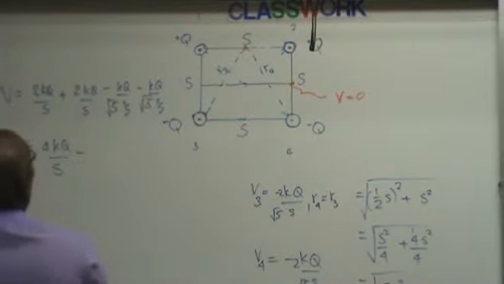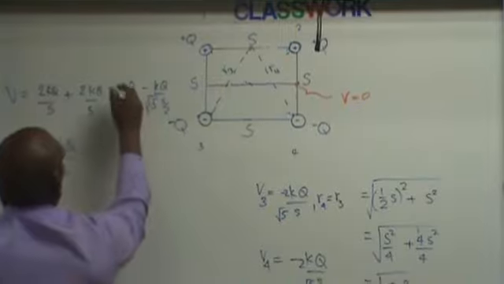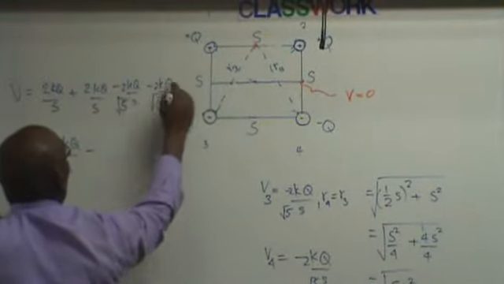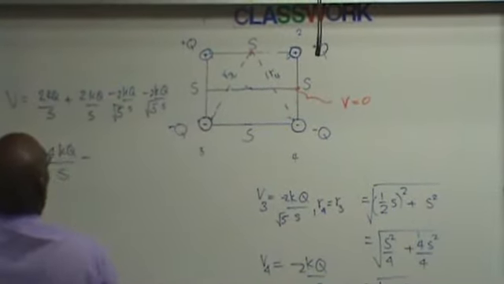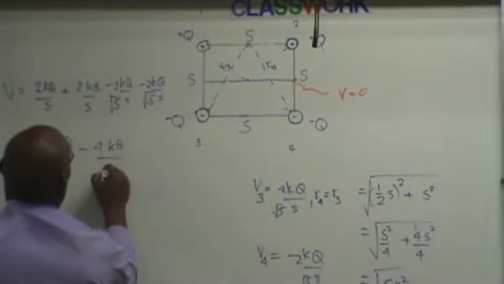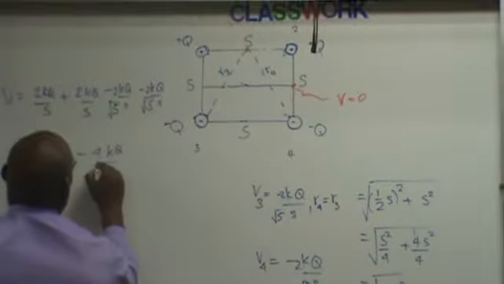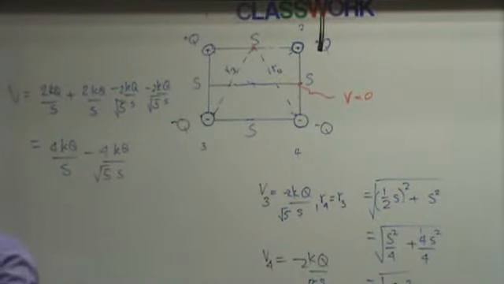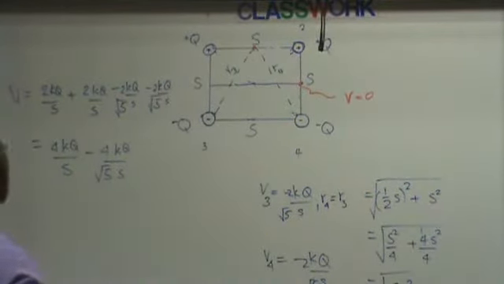Okay. So this is going to give me 2, 2, again, so that's going to be minus 4 KQ over square root of 5 S. I can simplify it even further.